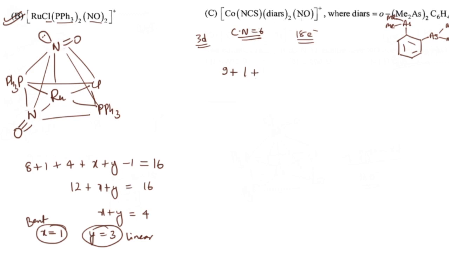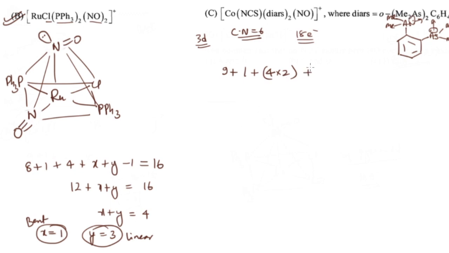Then from diars: the arsenic is bidentate, so two electrons from this side and two electrons from this side. So one diars gives you 2 plus 2, that is 4 electrons. How? Because arsenic is forming 3 bonds, it has 2 electrons left, so it will give 2 electrons to the coordination sphere. And because we have 2 diars, that's 4 into 2.